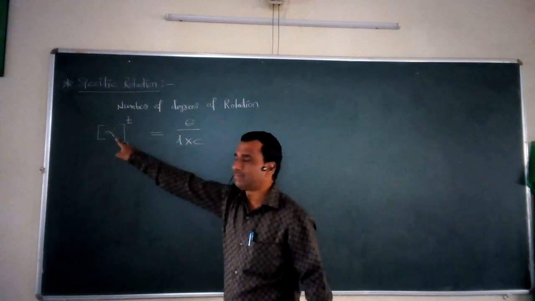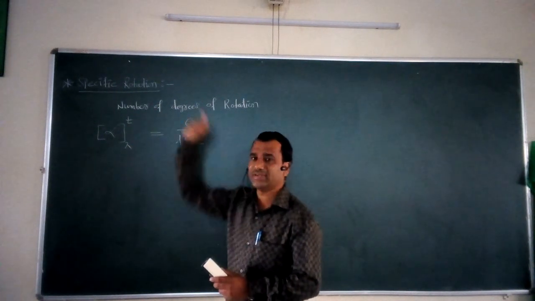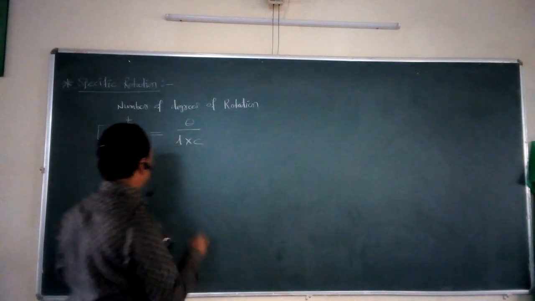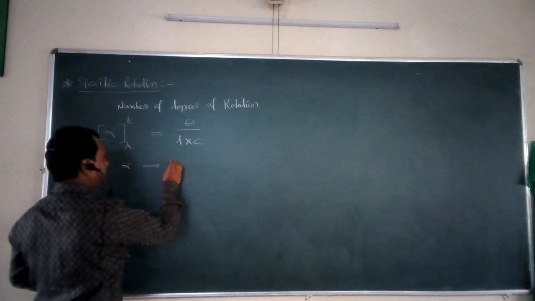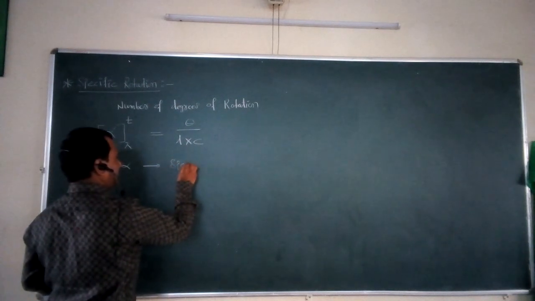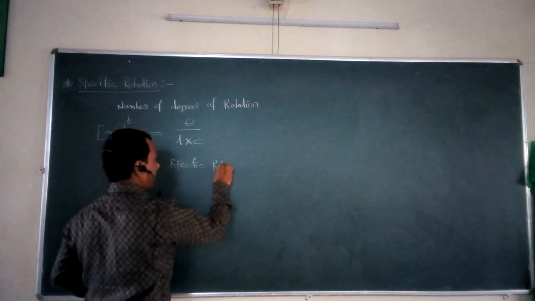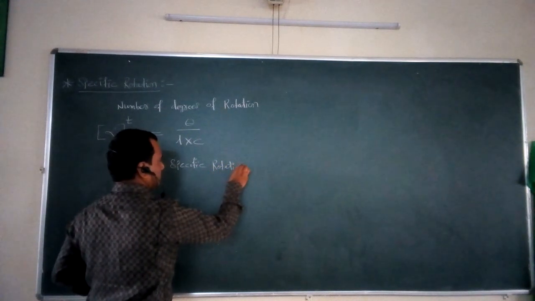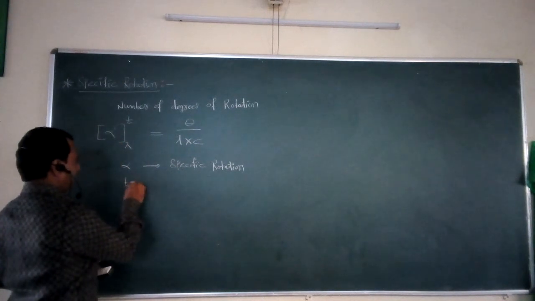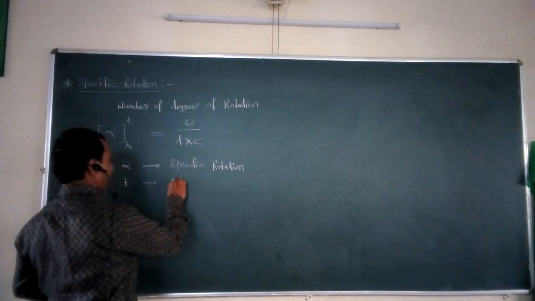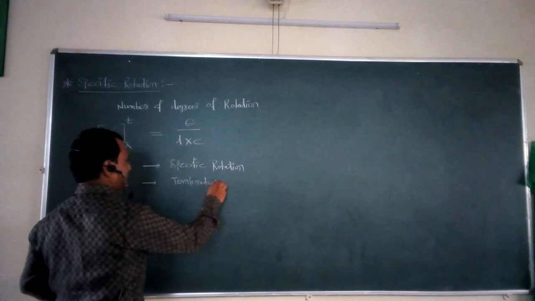Now, this equation has some parameters. The first important parameter is alpha, which is the specific rotation. The second parameter is T, which stands for temperature.